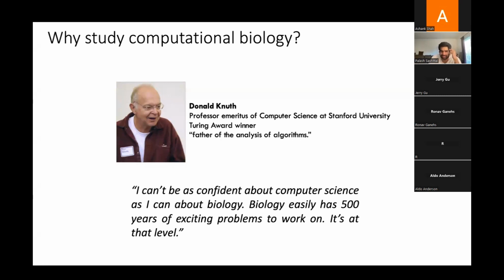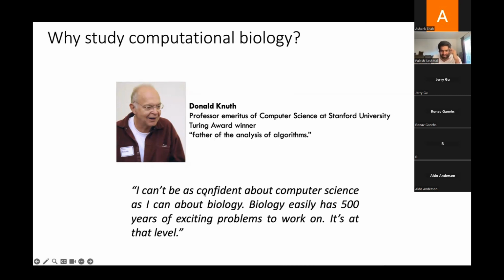Donald Knuth is a very famous professor in computer science at Stanford University. He is a winner of the Turing Award, which, if you don't know, is equivalent to a Nobel Prize in computer science. He's called the father of the analysis of algorithms.